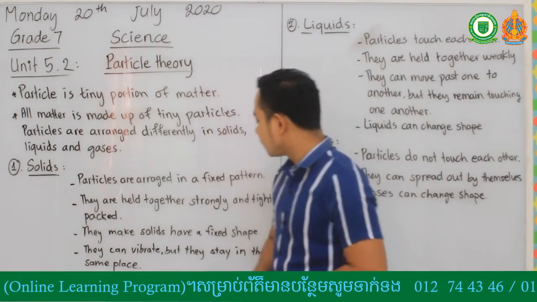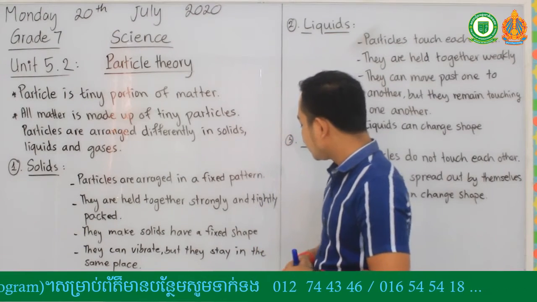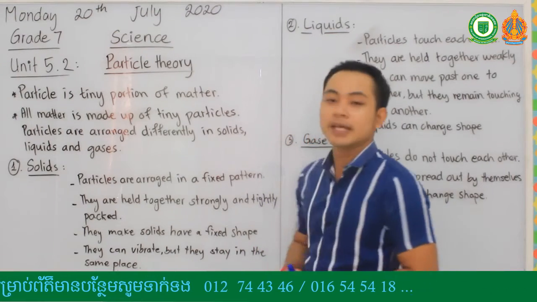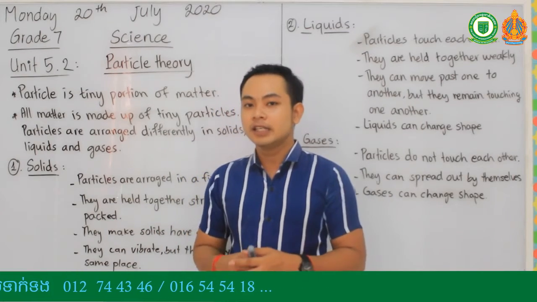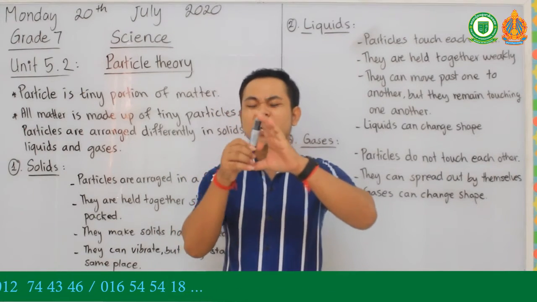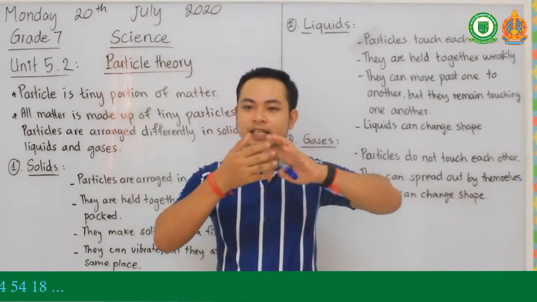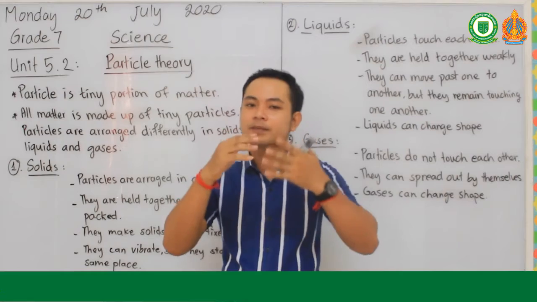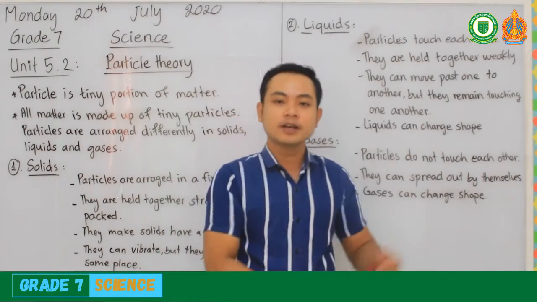They can vibrate, actually, but they stay in the same place. They will not move or fly around in the air. Vibrate means they can move just a little bit, but they cannot move from one place to another.